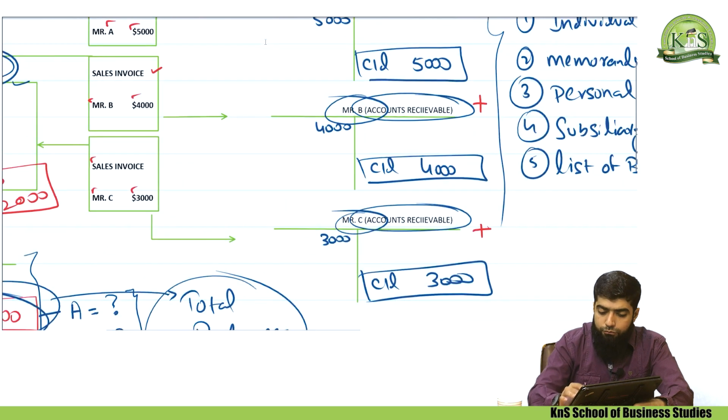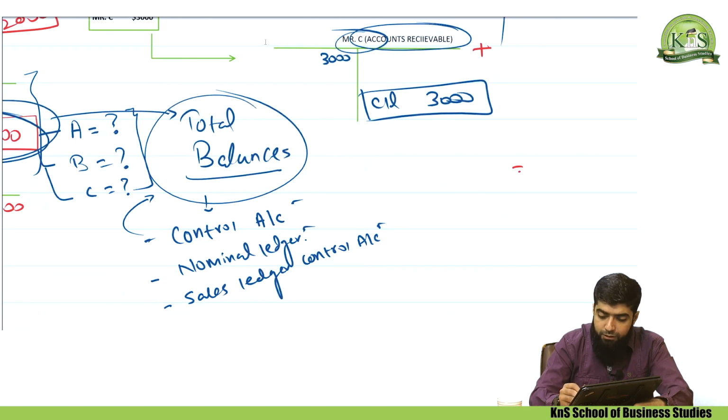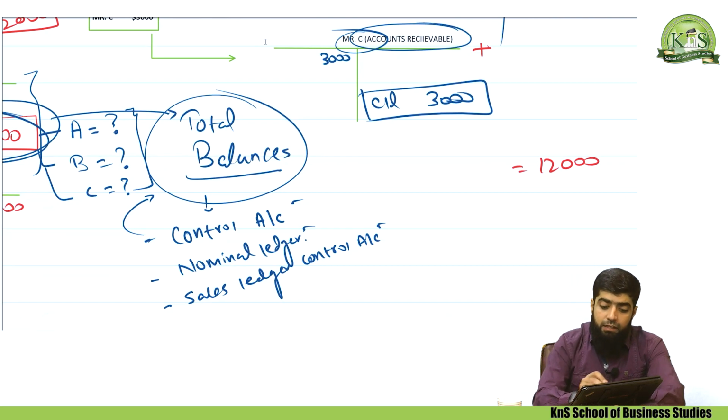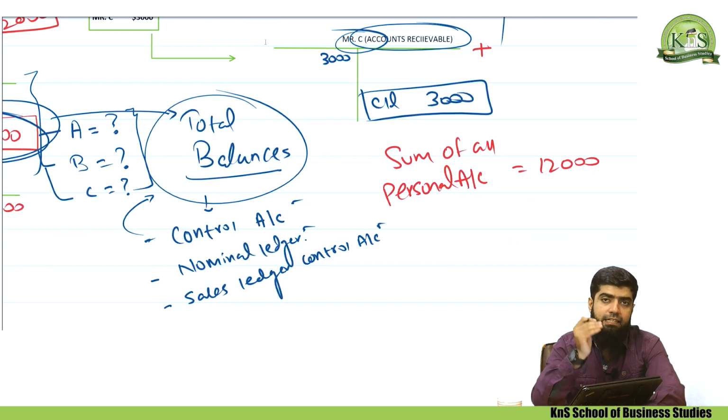The total of 5, 4 and 3 makes $12,000, which means the sum of all personal accounts, or the sum of all lists of balances, all individual accounts, all memorandum accounts, is $12,000.